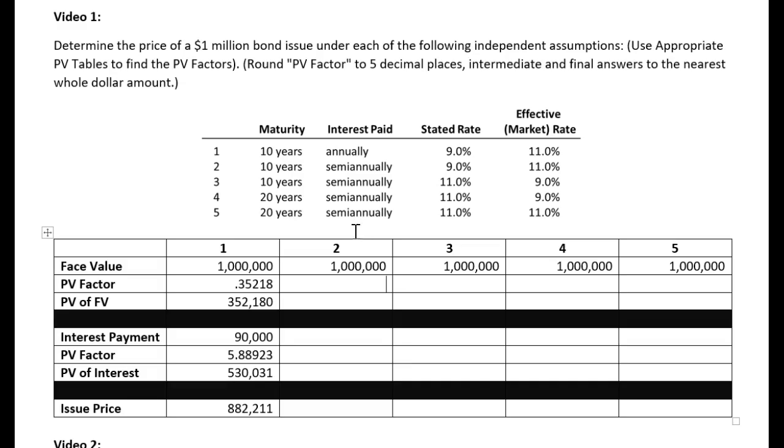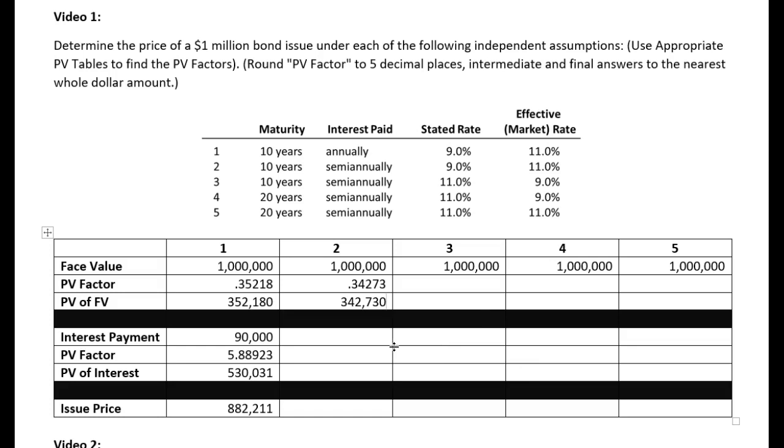So go in and put that in, 0.34273. Then when you multiply that together, you're going to get 342,730. Excuse me, not your bond price, correction, your present value of your face value there. So now, that brings us to the next step, and that's the present value of the interest.